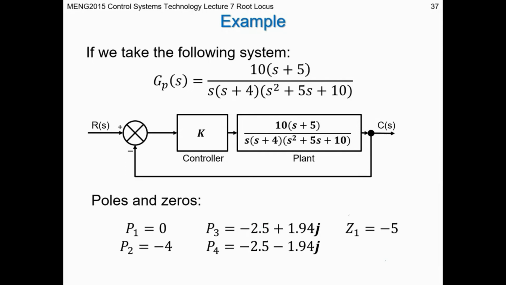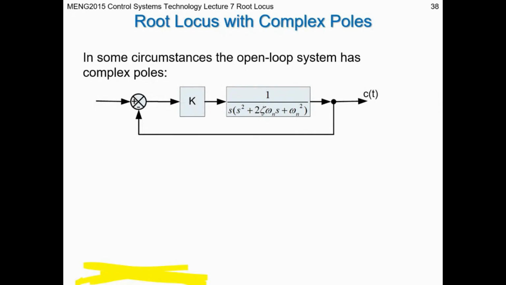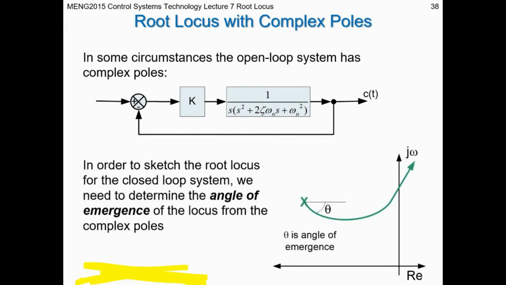So if we wanted to plot the locus, then we'd have a bit of a problem. So in some circumstances, the open loop system has complex poles. And in order to sketch the root locus for the closed loop system, we need to determine the angle of emergence of the locus from those complex poles.